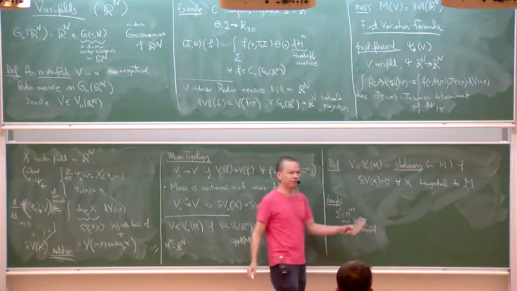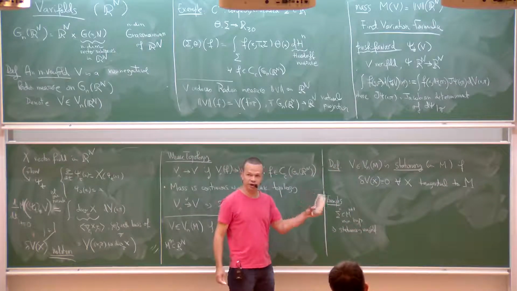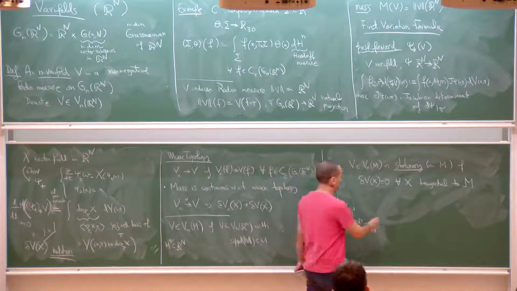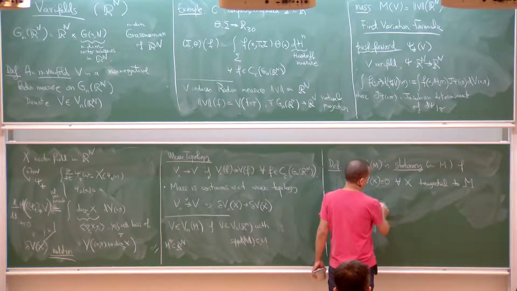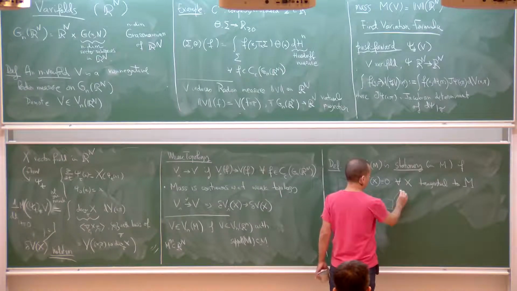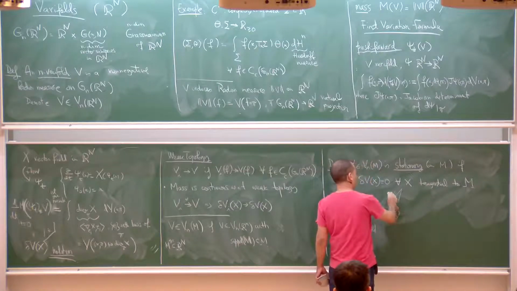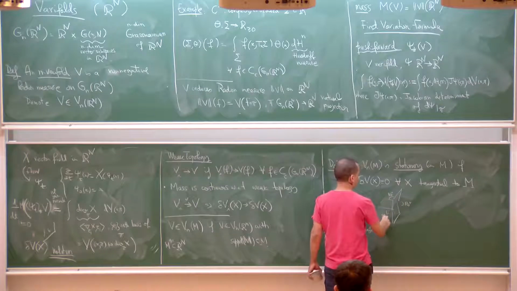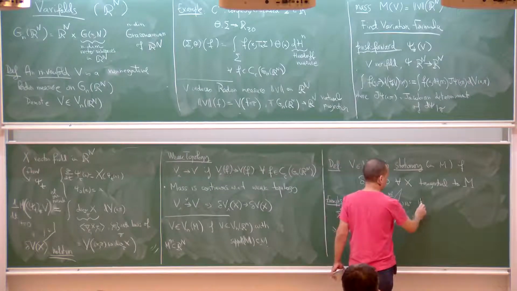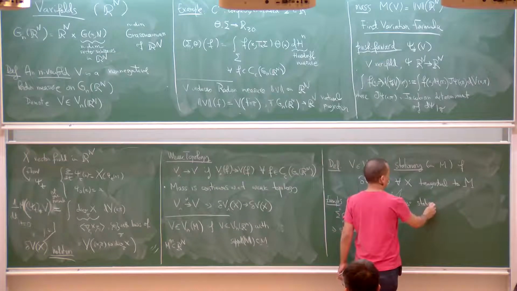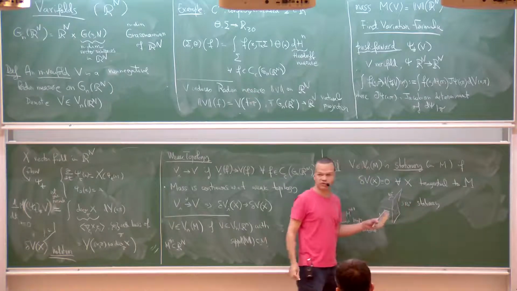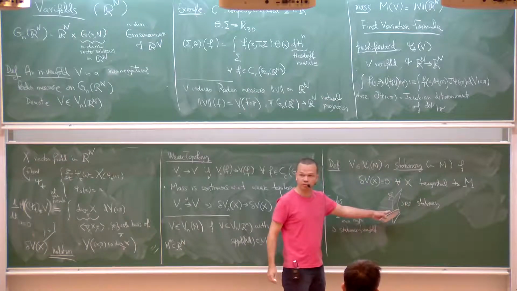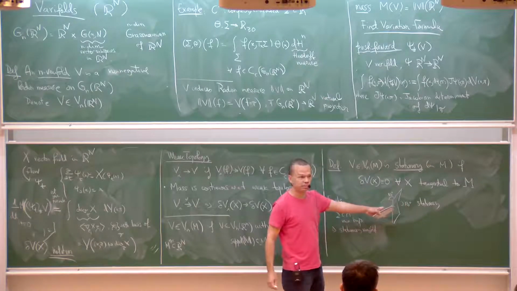But stationary varifolds are still very far from being minimal surfaces. For instance, if you give me 3 half planes with 120-degree angles, this is also stationary. You can check from the first variation formula. So this is, of course, very far from being a minimal surface.